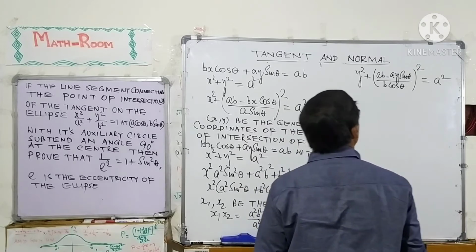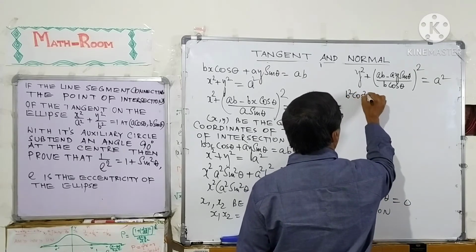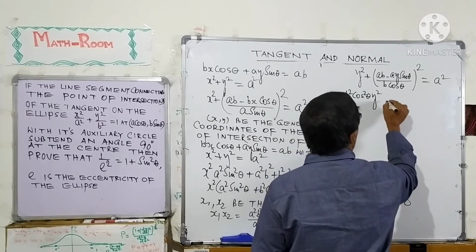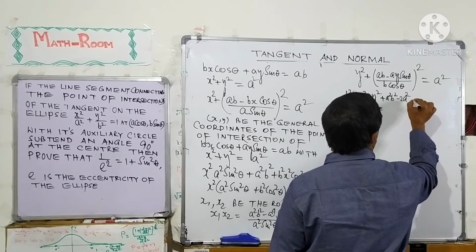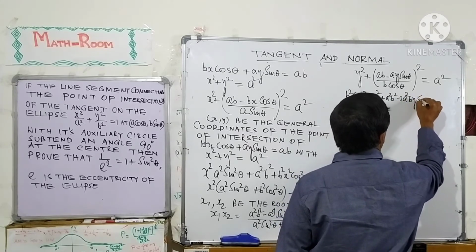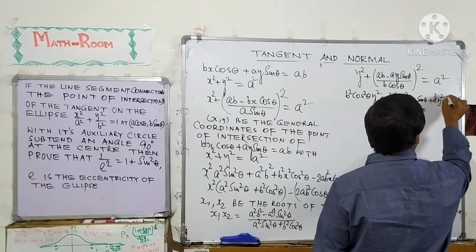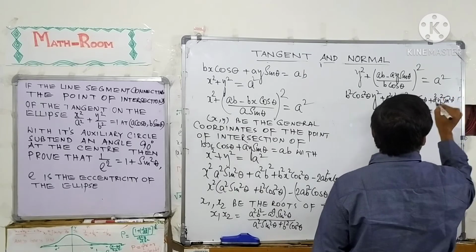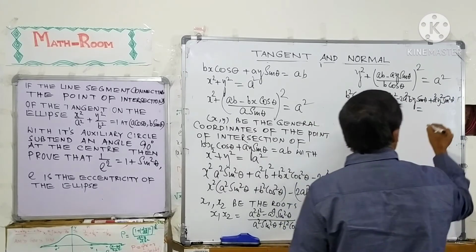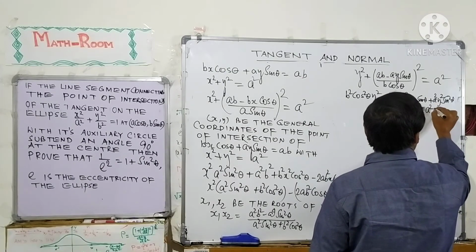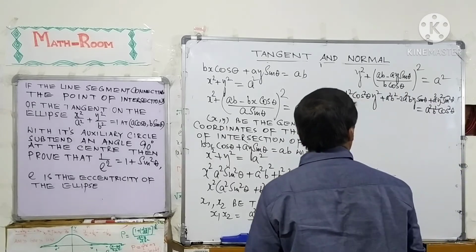So, we can simplify this: b square cos square theta y square plus a square b square minus 2 a square b y sin theta plus a square y square sin square theta equal to a square b square cos square theta.